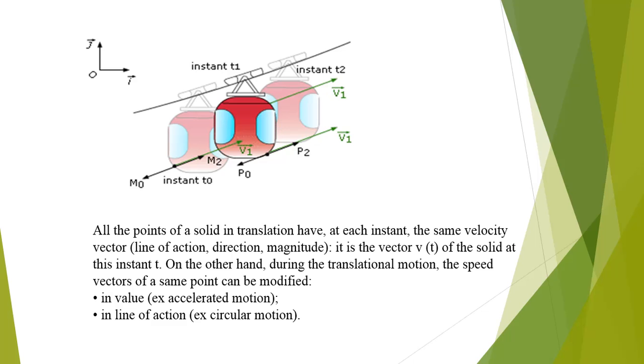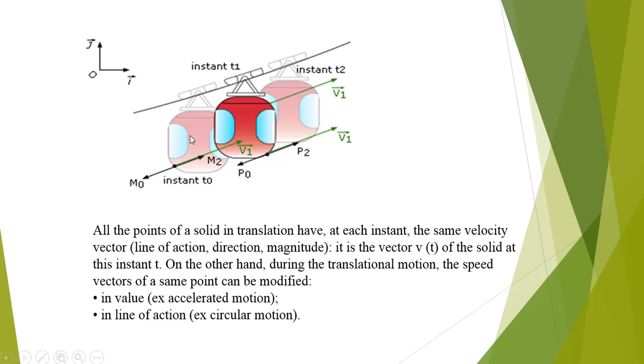For example, if we consider an accelerated motion, any point of a solid in accelerated motion sees its velocity change during the motion. So, if we compare the velocity between two instants in an accelerated motion, we find that the velocity varies, since in an accelerated motion the velocity increases.